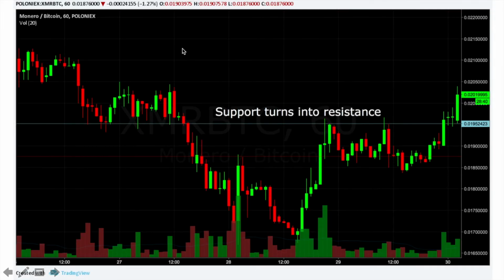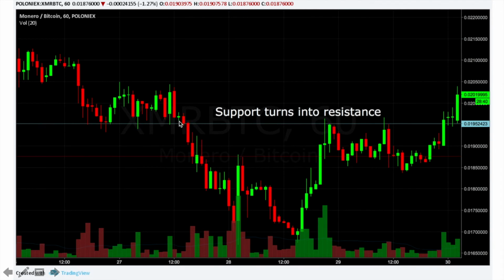Another principle of technical analysis stipulates that support can turn into resistance and vice versa. Once price breaks a support level here, the broken support level can turn into resistance, which happens here. The break of support signals that forces of supply have overcome forces of demand.